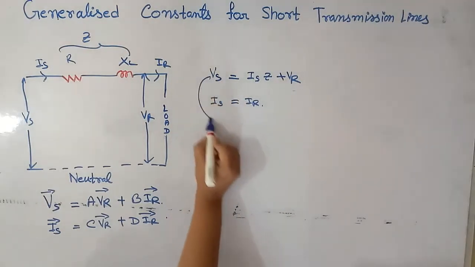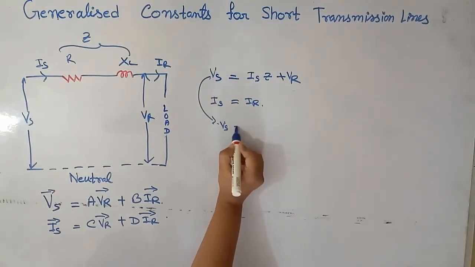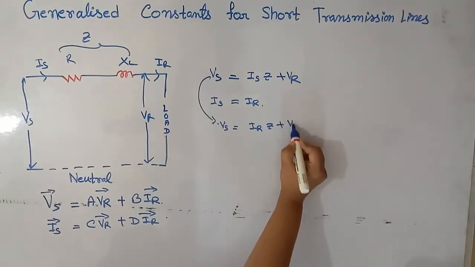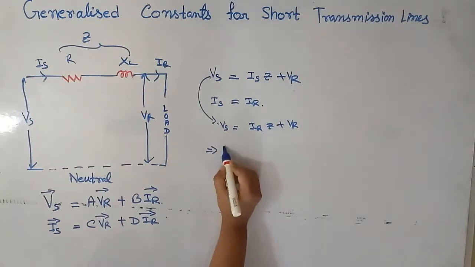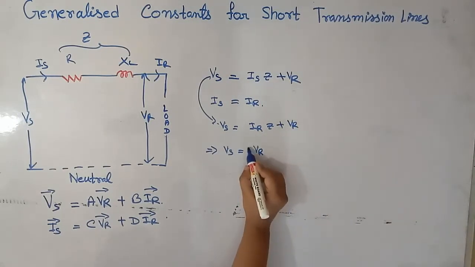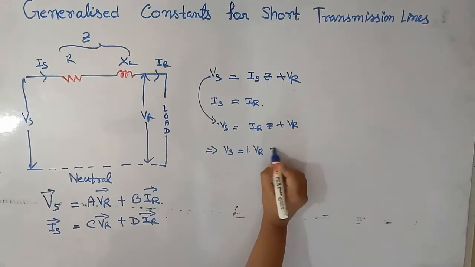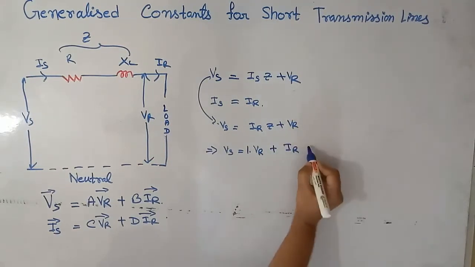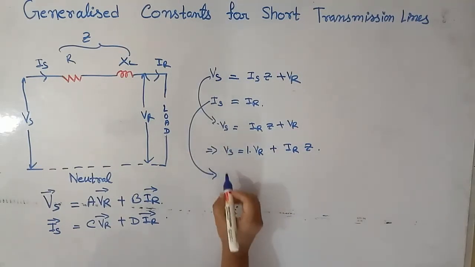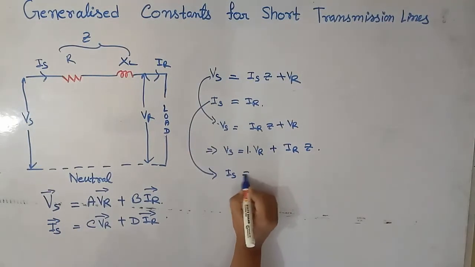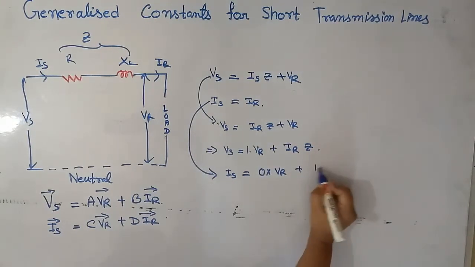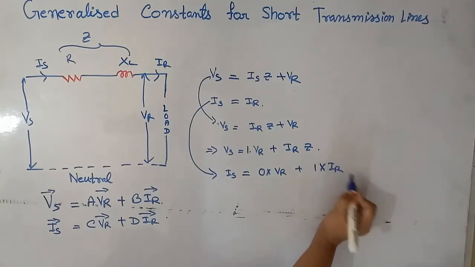So, we can write Vs equals Ir Z plus Vr, or Vs equals 1 into Vr plus Ir into Z, and we can also write Is equals 0 into Vr plus 1 into Ir.